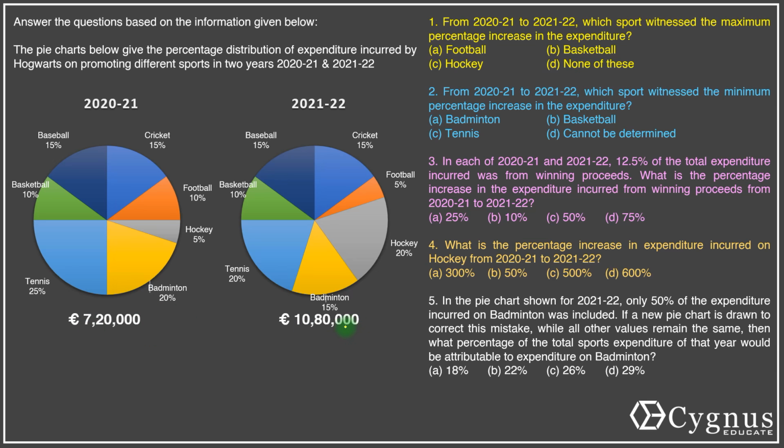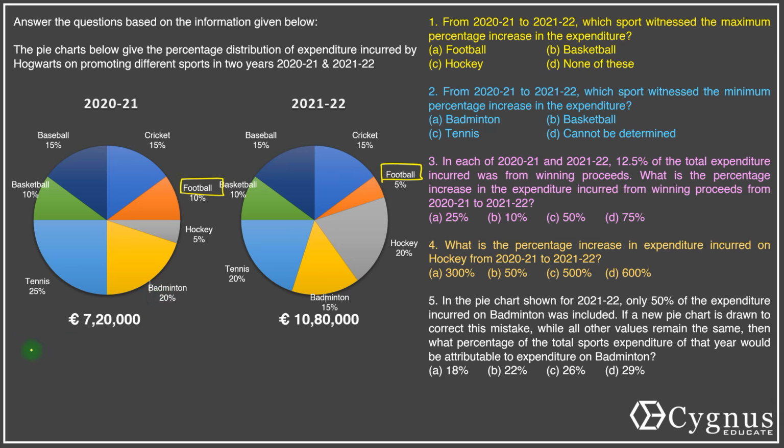Just to give you a brief idea of why we do this, let's say I want to compare what was the percentage change in the expenditure incurred on promoting football from the first year to the second year.